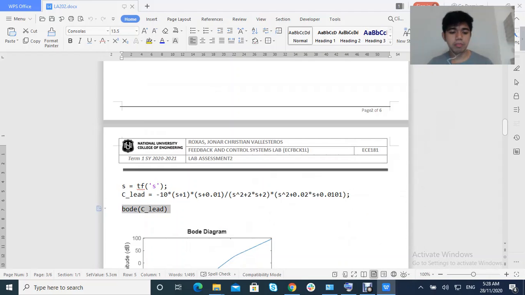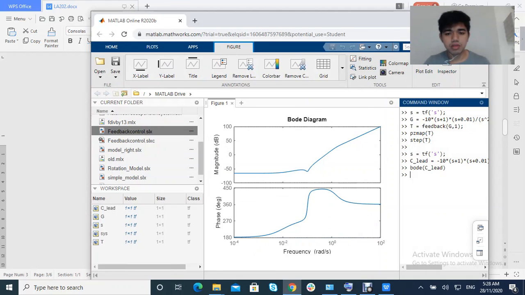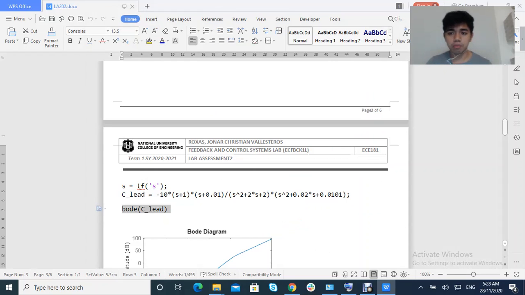I will be using a Bode plot for us to know which poles are the Phugoid and the short period mode. As you can see, this Bode diagram is shown here, and I let you know which is the Phugoid mode and which is the short period mode.